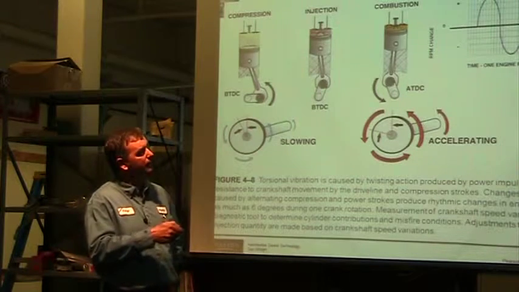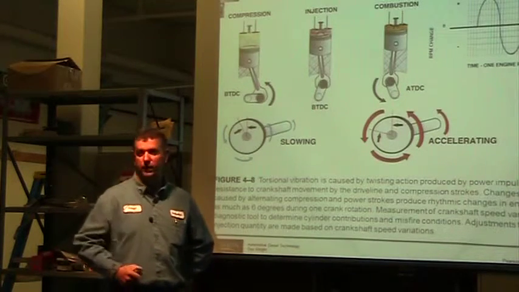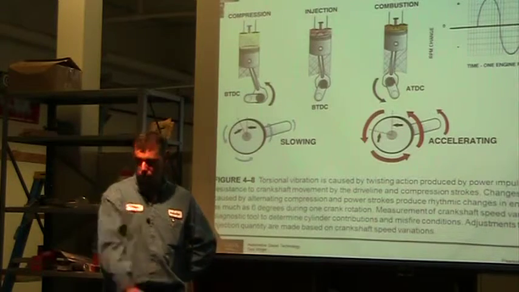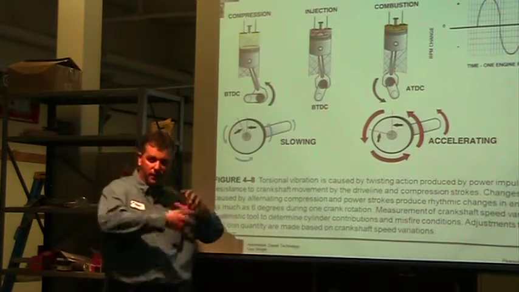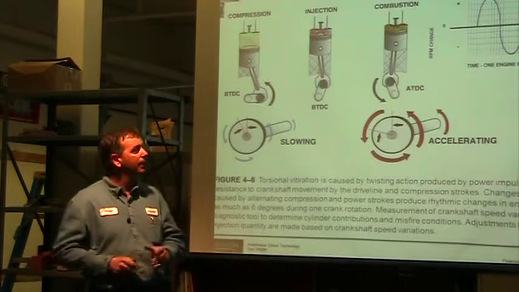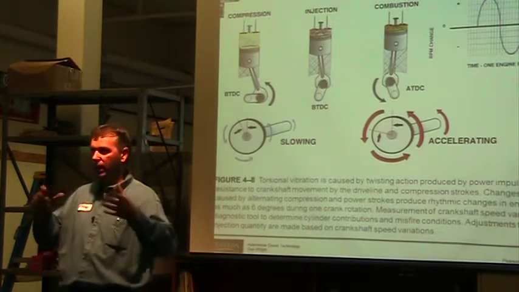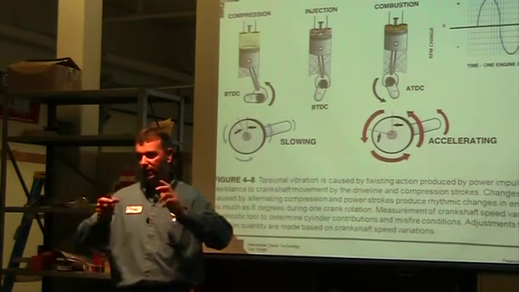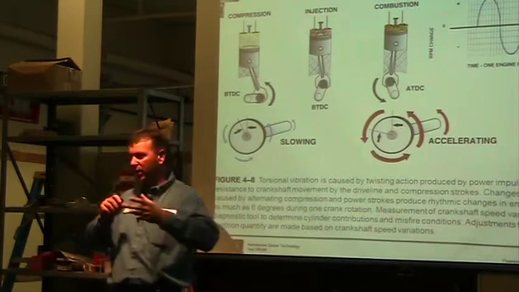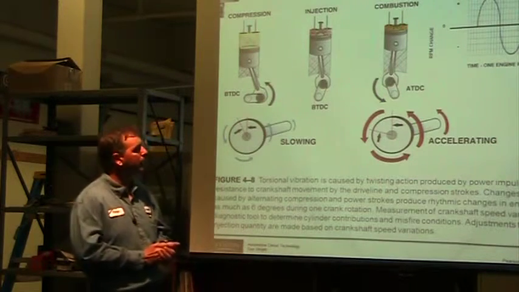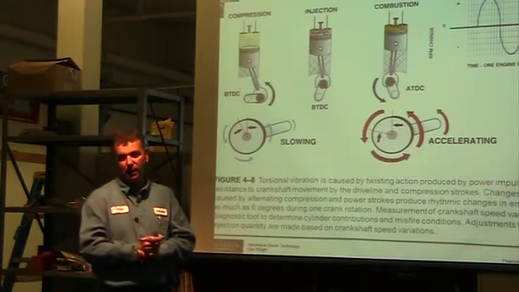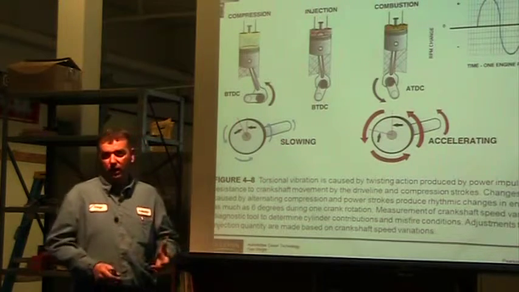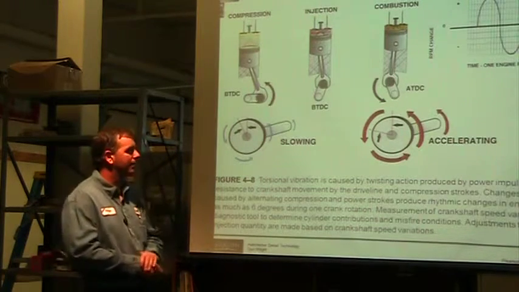So you get this high pulse, boom, and then it slows down, and boom. So you get this twist that takes place in your crankshaft, and that's also going to translate into your block. The block's going to have these pulses, and that vibration, that pulsation, is going to cause a lot of stress. And that block has to try not to fall apart with all that stress.